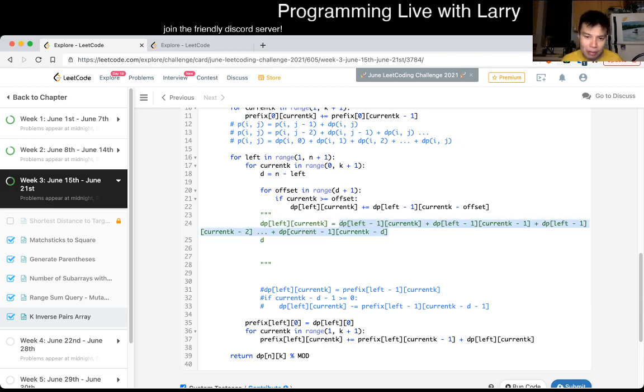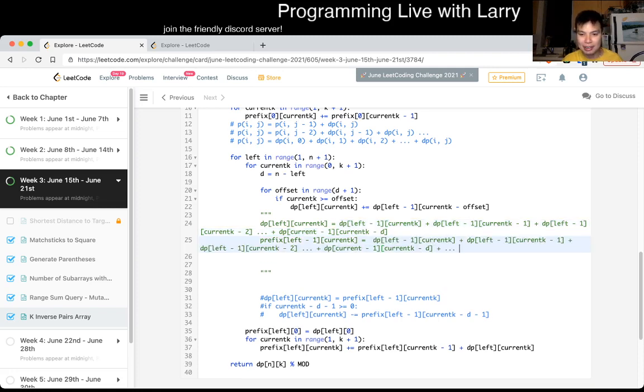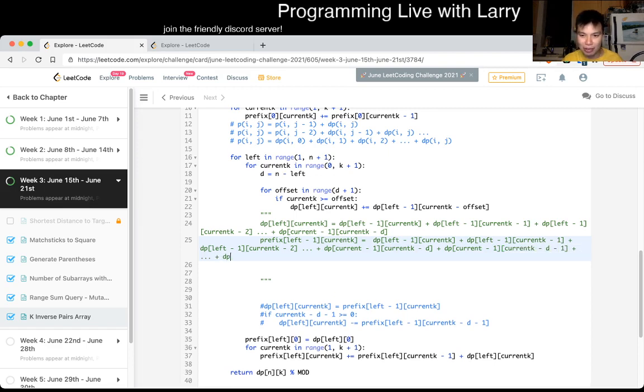Well, prefix sum of left minus 1 current K is equal to this thing, plus dot dot dot plus dp of current minus 1 current K minus D minus 1, plus dot dot dot plus current minus 1 0. This is the basic definition of prefix sum that we already defined, so I'm not going to go over it that deeply. Hopefully this makes sense.